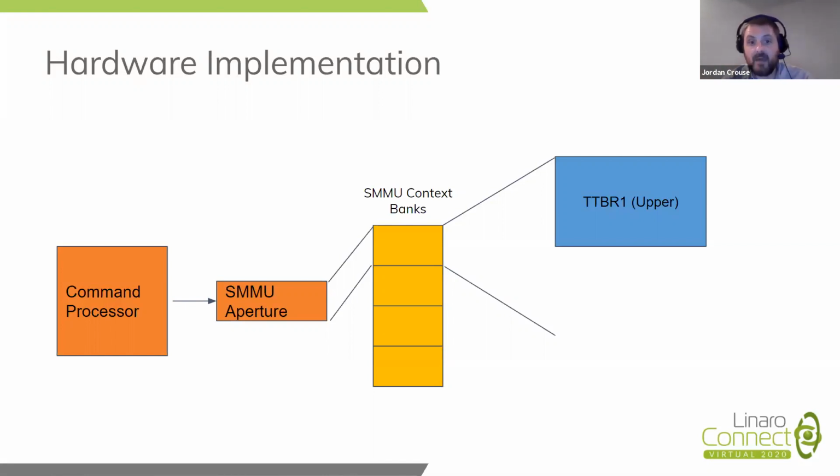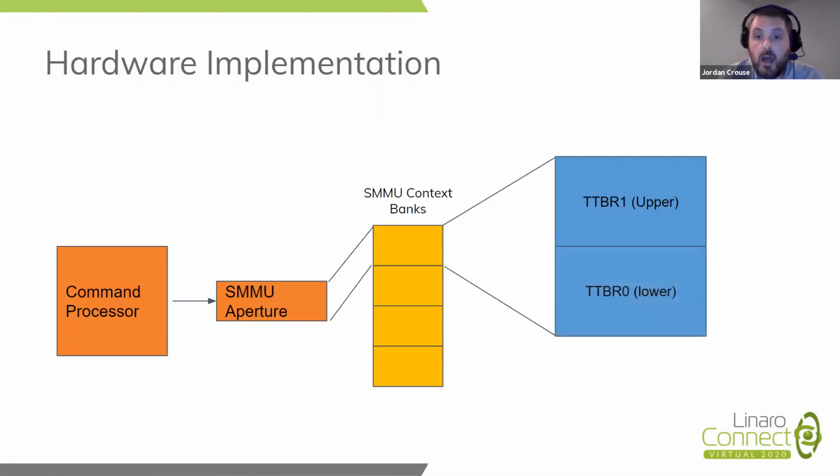The command stream is going to write that value into the TTBR0 register inside the SMMU aperture, which then will program the TTBR0 in the context bank, and it will resume the execution. Now we have both the TTBR1 and TTBR0 instance in our context bank, and the process can use the memory that is mapped into the page table and operate normally. And then the next time we need to switch, the TTBR0 is taken out, the new one is switched in. This happens throughout, until the instance is done.